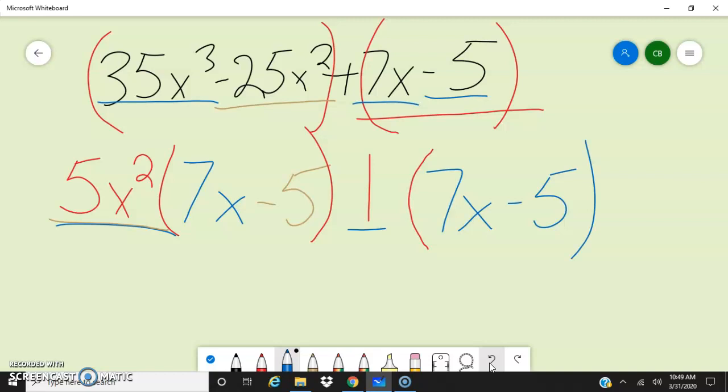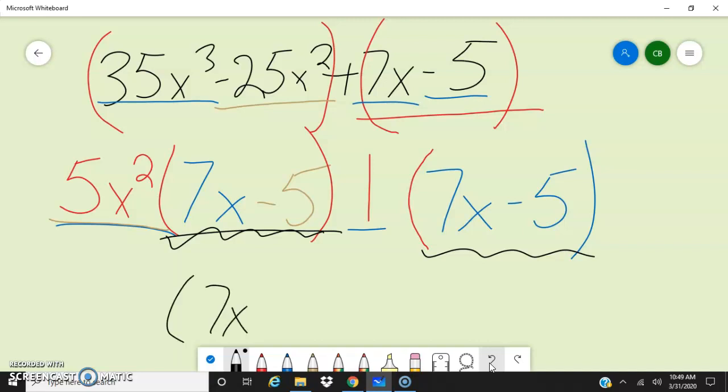If you'll notice now, your new factors, 7x minus 5, those are the same. So that is going to become our first new factor down here. So here we go, 7x minus 5. And then my second factor, where does it come from?